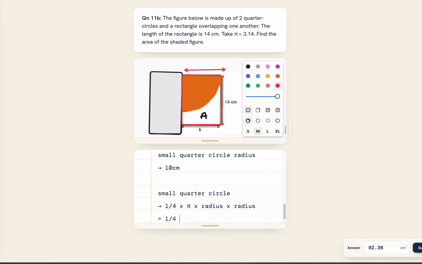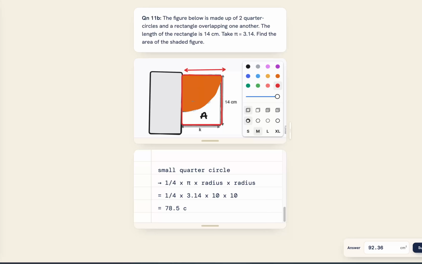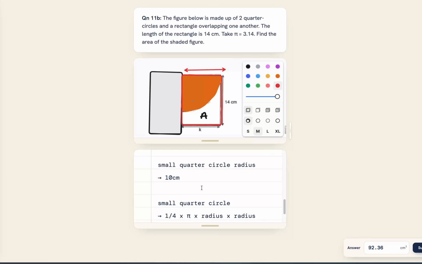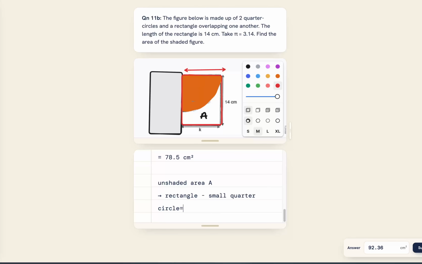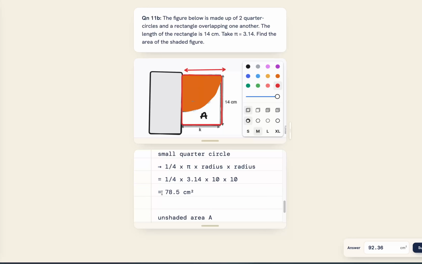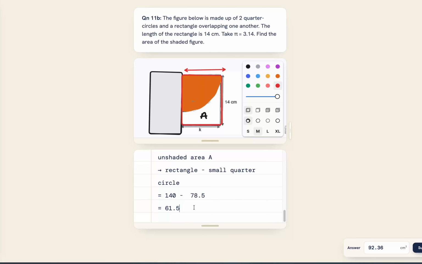So 1 quarter times 3.14 times 10 times 10, and this will be equal to 78.5 centimeters square. So the unshaded area A would then be equal to the rectangle, which is 140, minus the small quarter circle, 78.5, and this will be equal to 61.5 centimeters square.